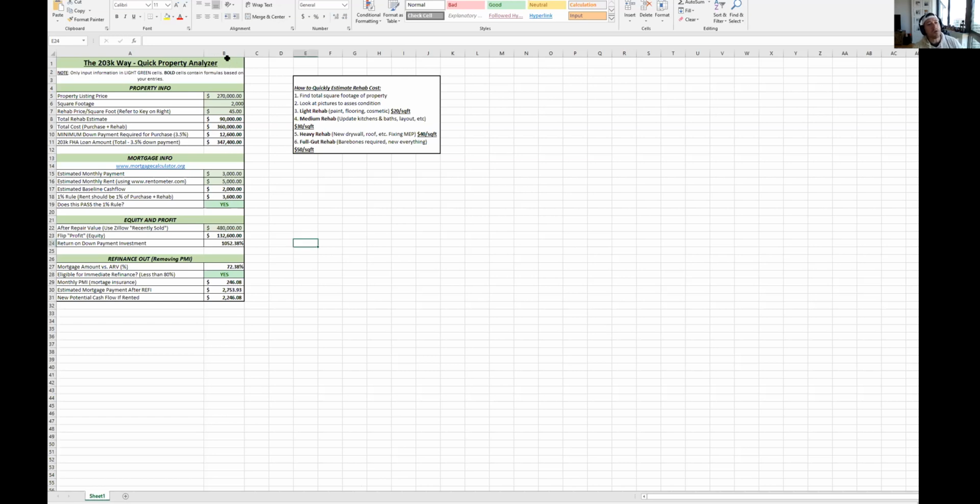Before we get into it, I'll give you a step-by-step on how this thing works, okay? First is property listing price. This is the price they give on whatever website you're looking at, whether it be homepath.com, which is a great website to start because those are Fannie Mae foreclosures, which pretty readily accept 203K financing.